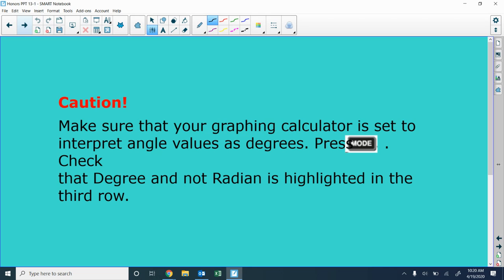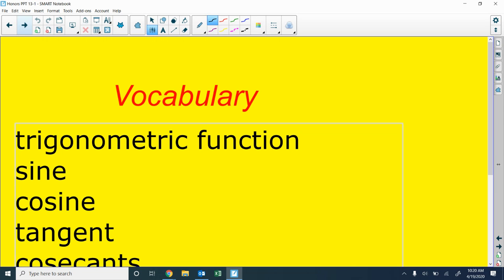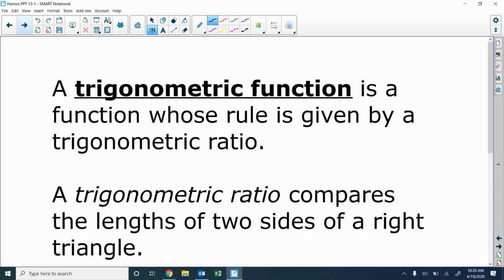We make the mistake of using our calculator, but all trig ratios really are is opposite over hypotenuse. It's just a fraction, opposite over hypotenuse, or whatever trig value we're looking at. So you're going to need your calculator when we have an angle involved. Sine, cosine, tangent, nothing here that's earth-shattering for you.